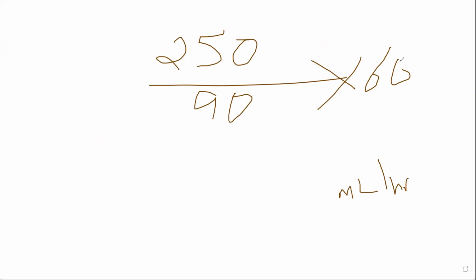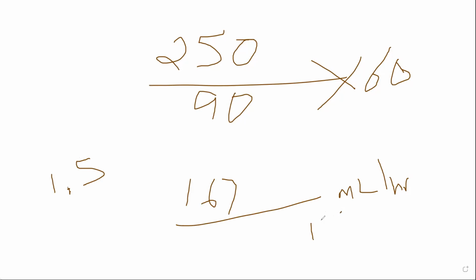You could take the 90 and divide it by 60 and figure out what fraction of an hour that is also. But really, you could just make this step real simple. Either way, you're going to get the same answer. Because if you take 90 divided by 60, you're going to get 1.5 hours. So if you take 250 and divide it by 1.5, or if you take 250 divided by 90 and multiply it by 60, you should still get the same answer, which is 167, because that's what it'll come out to.